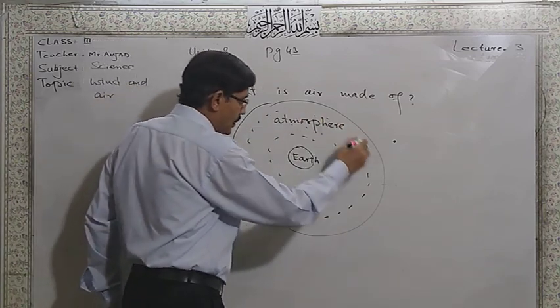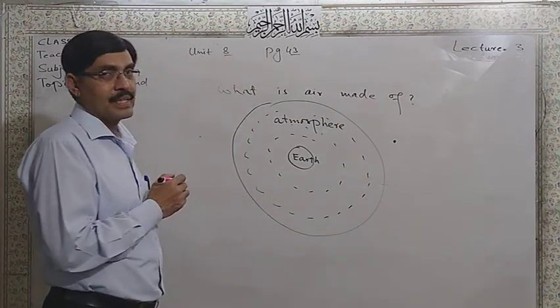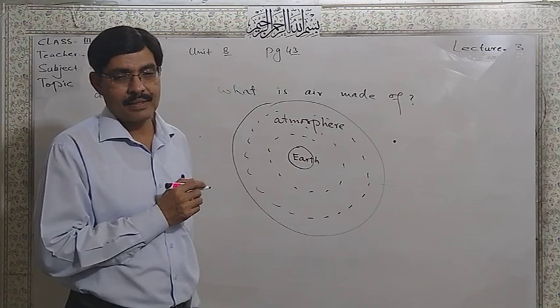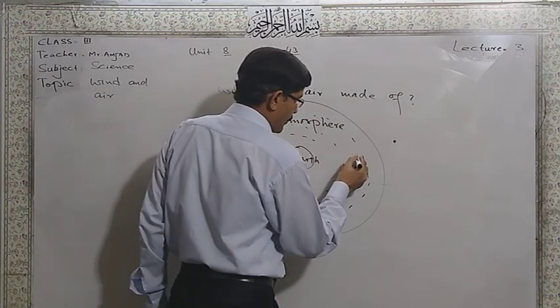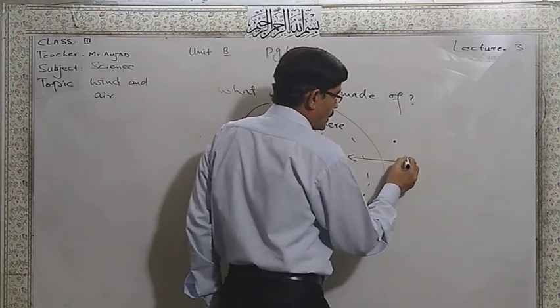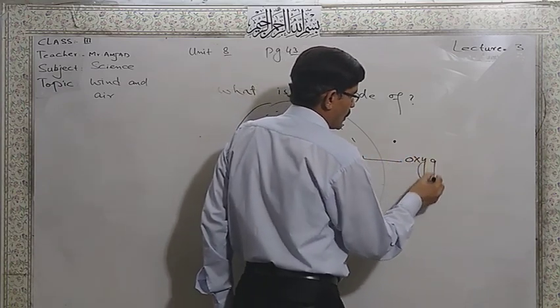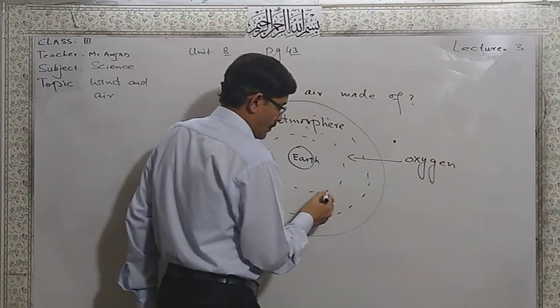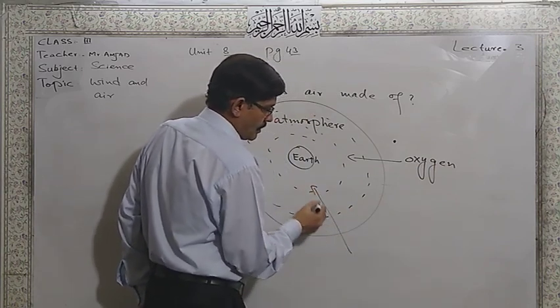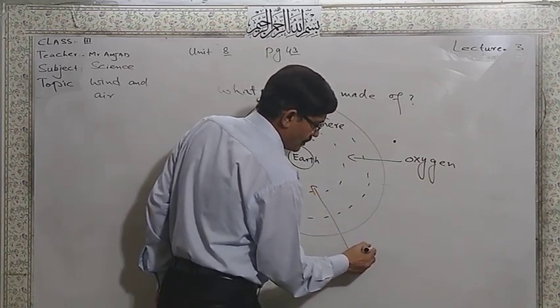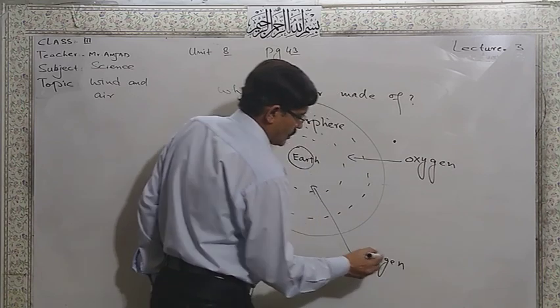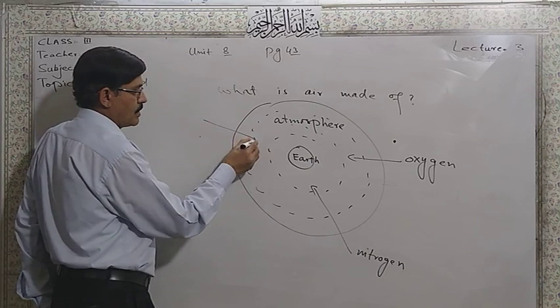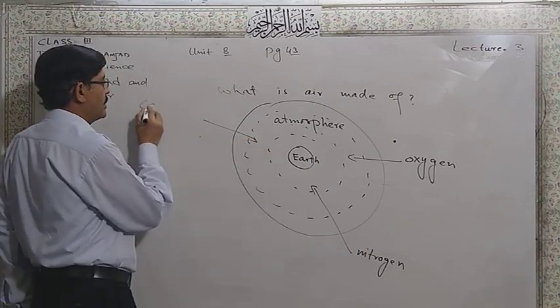In the atmosphere, we have gases like oxygen, here nitrogen, here on this side carbon dioxide.